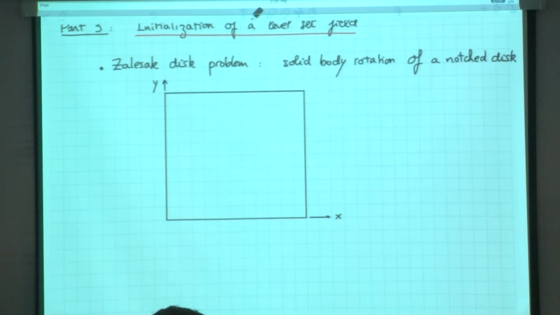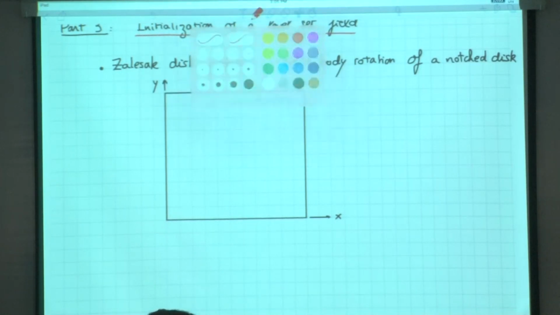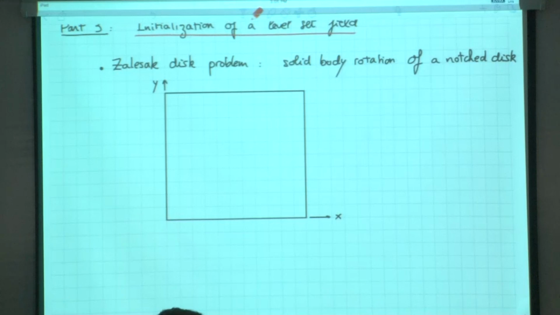And in that, we're going to create a shape like this, assume it's a good-looking circle. And then we're going to make it rotate under solid body rotation.